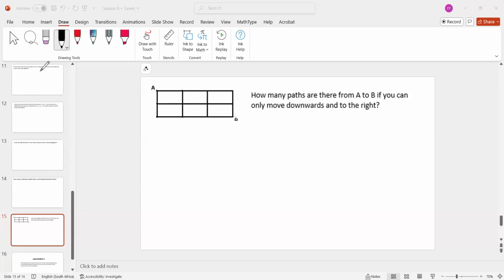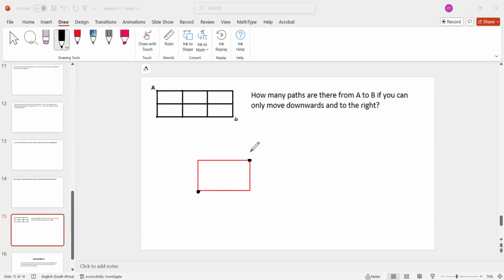But there is a nice logical way of doing this, and just listen very carefully. We look at just one particular square from here. And I'm going to assume that I know how many paths there are to this point here and how many paths there are to this point.